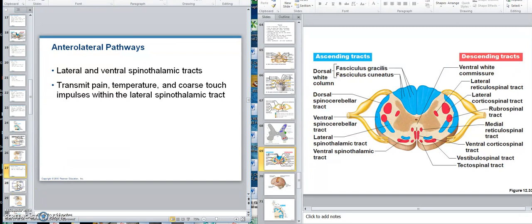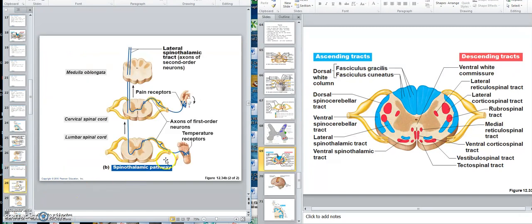Okay, let's go further. So here's the spinothalamic coming in, so you get a little coarse touch, comes up, and see it crosses over. Decussation goes to that other side there. And then you'd pick up and go to the brain. So that means that, let's say this right here was his left foot. Then he would feel it on the right side.